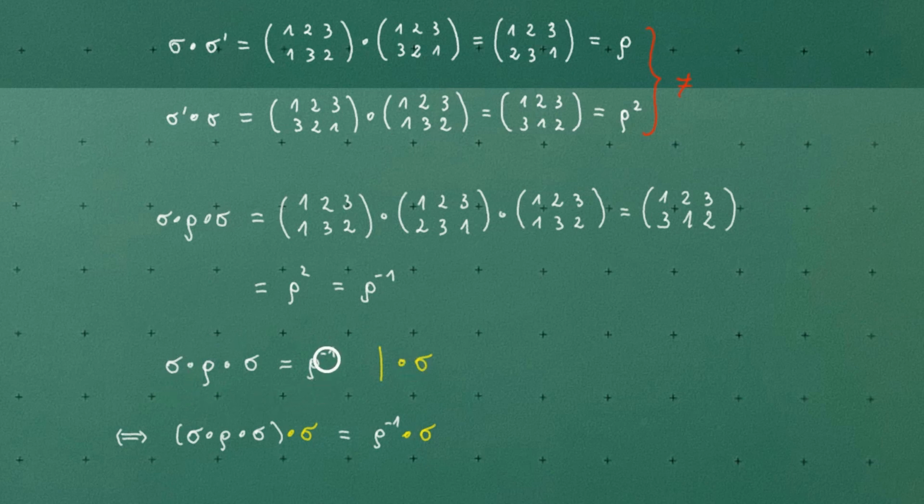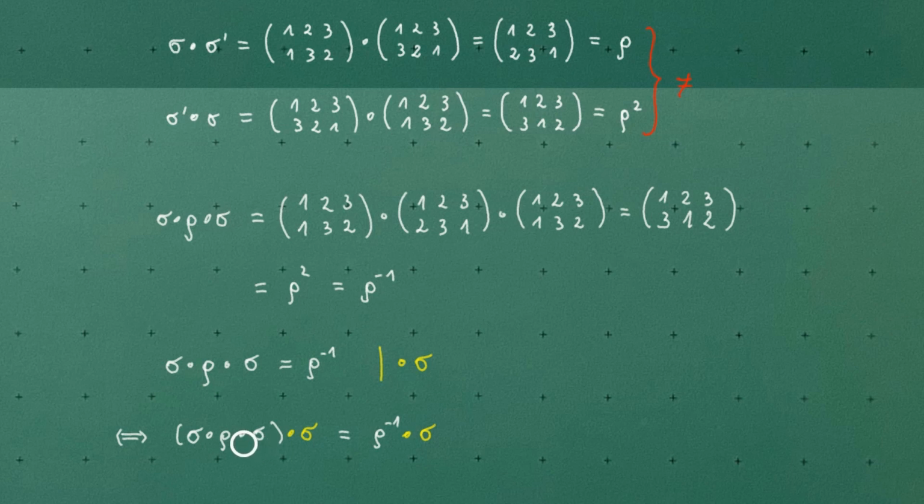Now I compose both sides with sigma from the right. Then, of course, the result here must be the same, because composing with an element leads to a unique new element. And if those two guys here were the same, then their composition with this element sigma must also be the same. Otherwise, the composition would not be well defined.